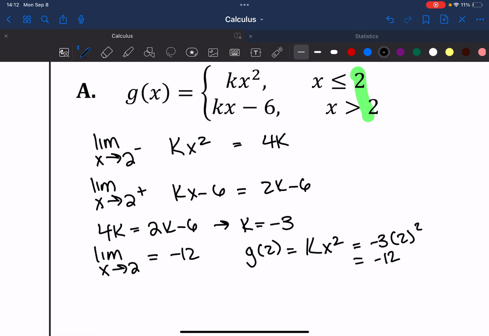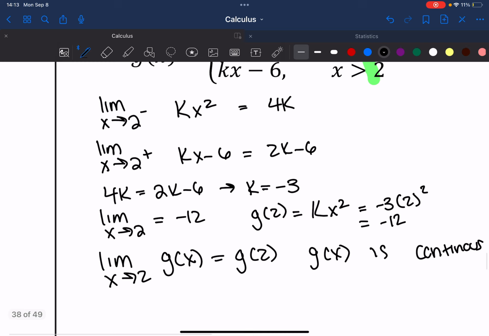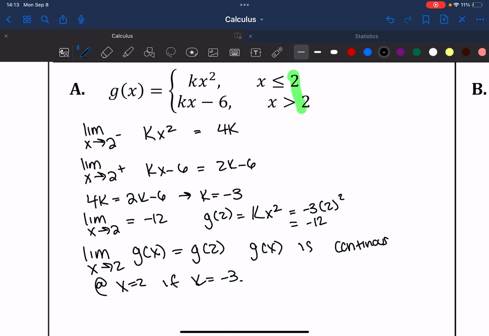Here we have the limit as x approaches 2 of g of x is equal to g of 2, which means that g of x is continuous at x equals 2 if k equals -3. So here we found a value for k that would make our function continuous.